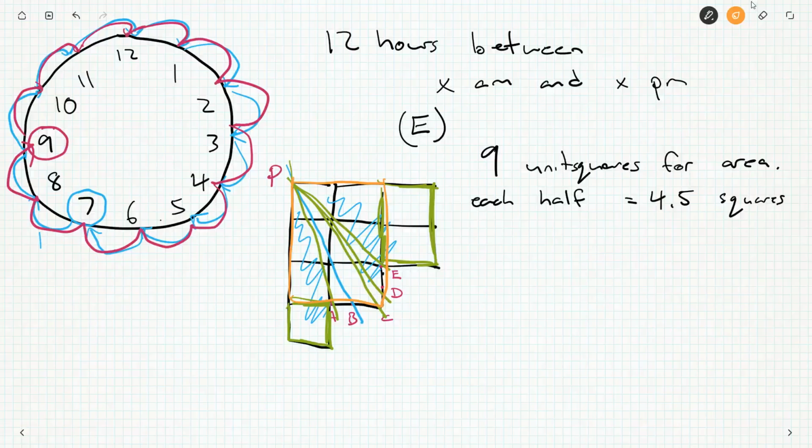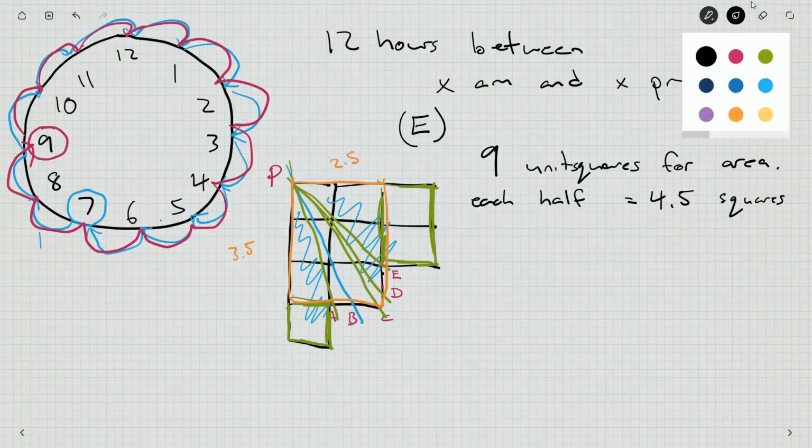So we need to chop it so that 2.5 squares are on the one side up here, and 3.5 squares are on this side down here. Because then the 2.5 plus these 2 will be 4.5, and the 3.5 plus this 1 will be 4.5. So we need to figure out which line through A, B, C, D, or E gives us this split for this orange rectangle.